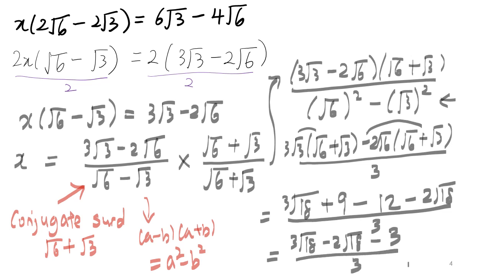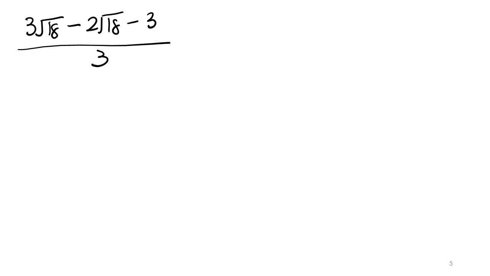Okay, let's simplify further. So 3 square root 18 minus 2 square root 18. Okay, what would you get? Alright, never mind. If you're still not able to manage it, you can just factorize your square root 18. So 3 minus 2 is 1.